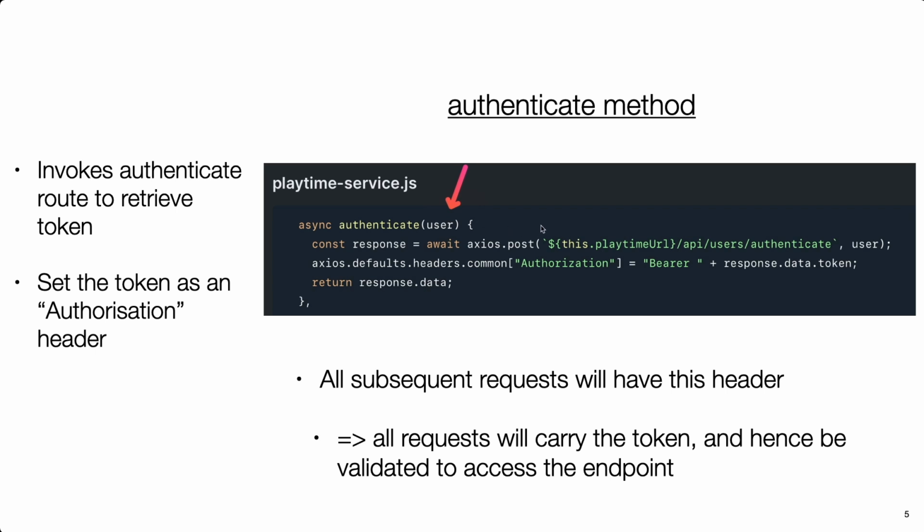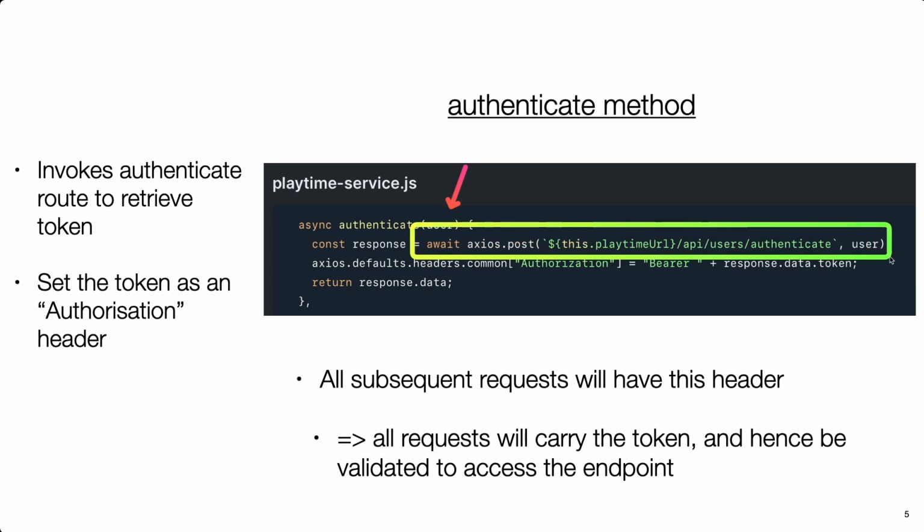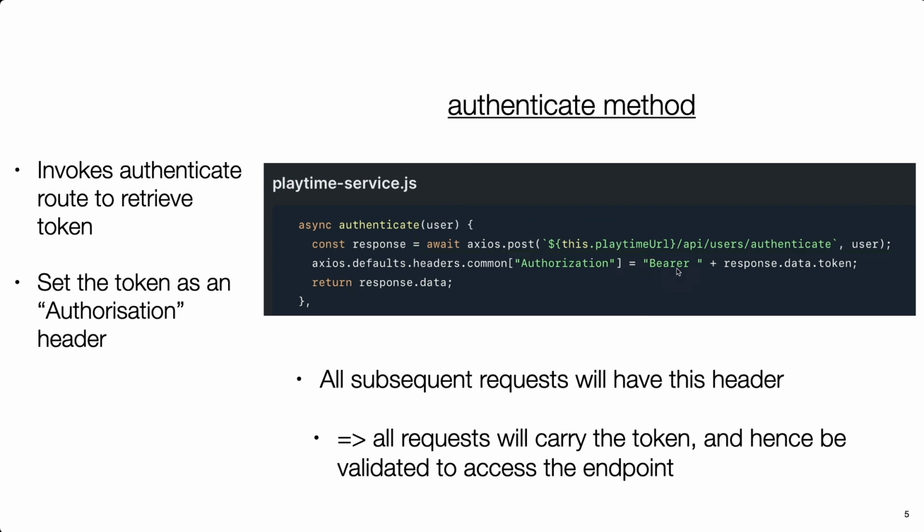And the way we do it is we access the authenticate route we've implemented here. So we're doing a standard post with the specification of the user. It's very much like a login route that might happen from a form, for instance. But we're expecting a response to give us back the token, and the token should be in data.token.